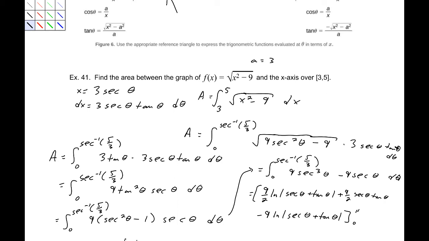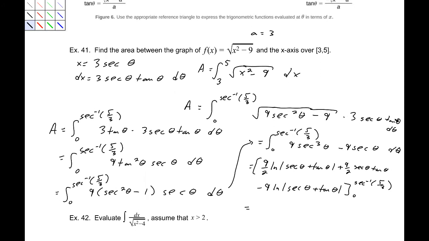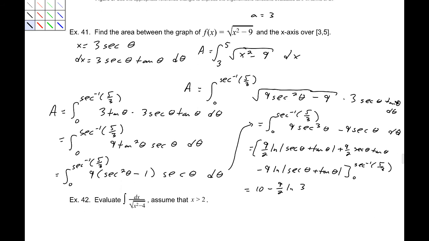We don't have an exact value for secant inverse of 5/3. And that is, to cut to the chase, 10 minus 9 over 2 natural log 3. I didn't actually get an approximate value for that, but that is the exact value: 10 minus 9 over 2 natural log of 3.